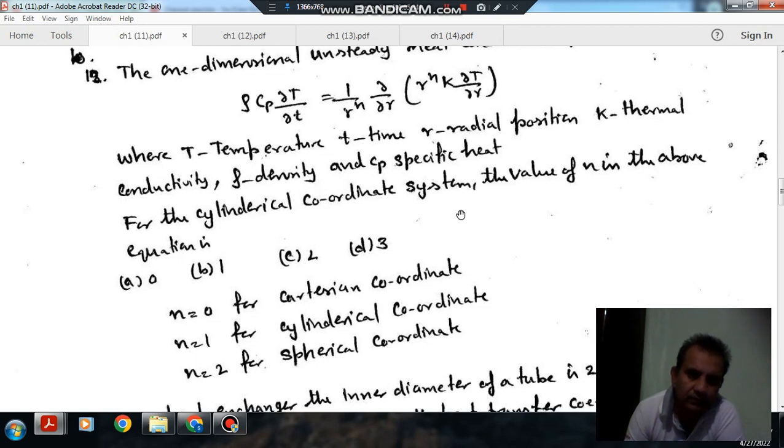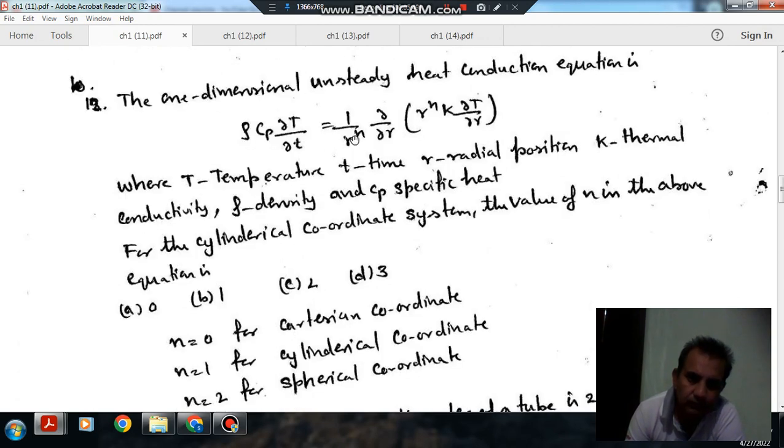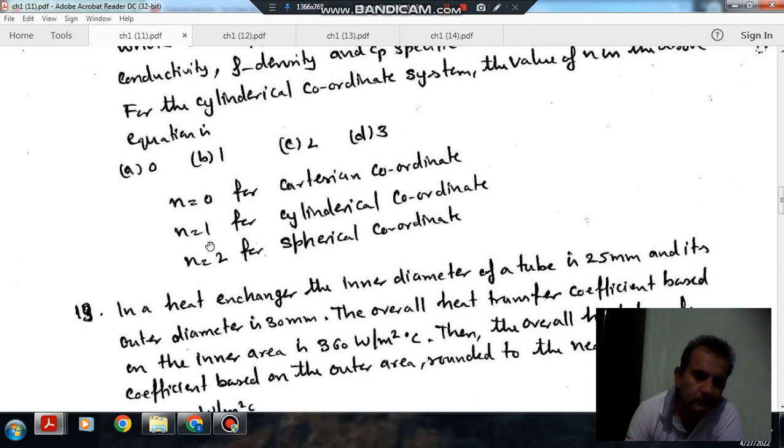For the cylindrical coordinate system, the value of n in the above equation is: option A 0, option B 1, option C 2, option D 3. For Cartesian coordinate n is 0, for cylindrical coordinate n is 1, and for spherical coordinate n is 2. This is a general equation of unsteady heat conduction. So the answer for cylindrical coordinate is option B.